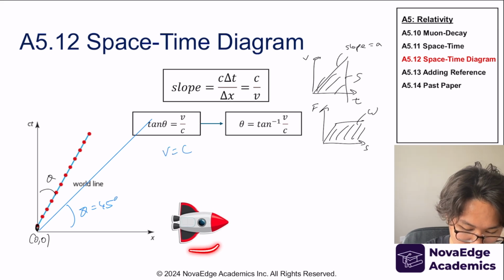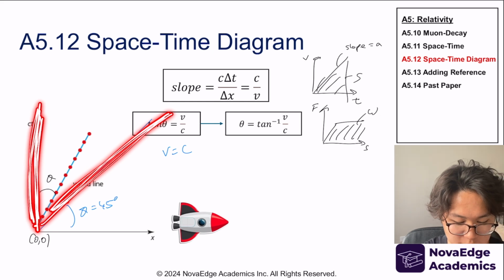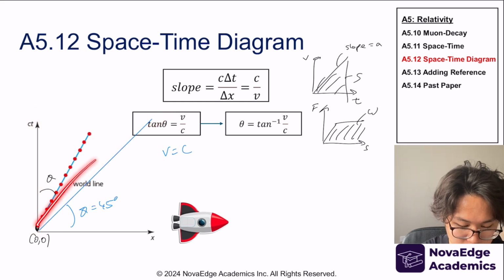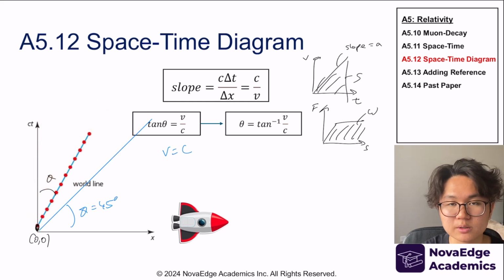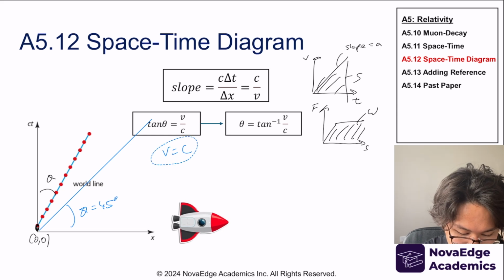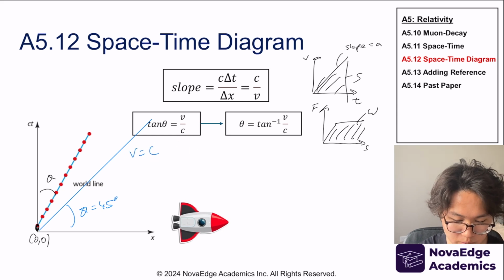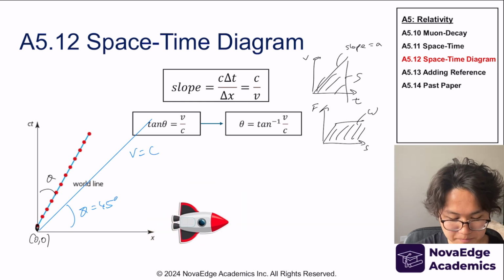So the velocity of the rocket is traveling at the speed of light. So here, traveling at the speed of light. Here, not traveling at all. v is equal to 0. So the lines are always going to be between here because you cannot exceed the speed of light. Okay, that's one thing. All right, so always remember that this line in the middle here is when velocity of the rocket or whatever that's traveling that you're trying to measure is equal to speed of light.